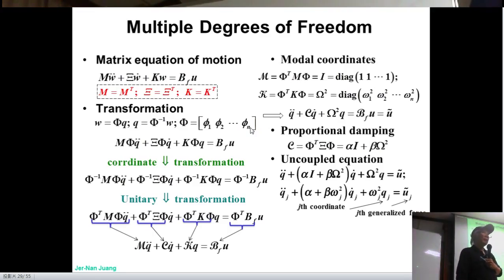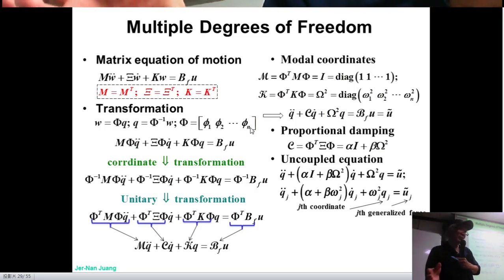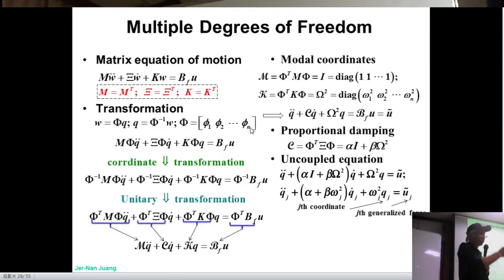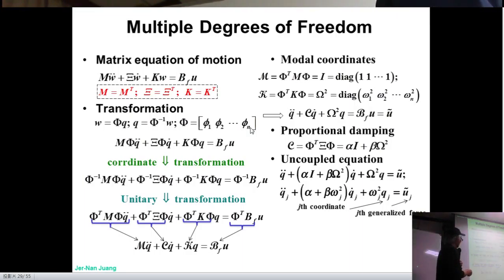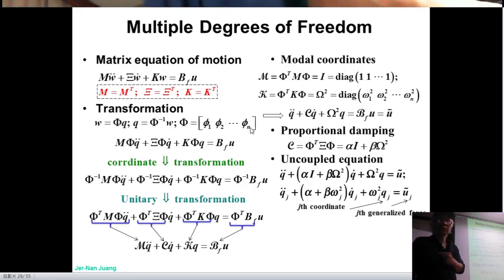In other words, if we have 3 coordinates, after the transformation we have another 3 coordinates. It won't be that we have 3 coordinates here and after the transformation become only 2. That's not what I'm talking about. The number of coordinates before and after the transformation has to be the same.